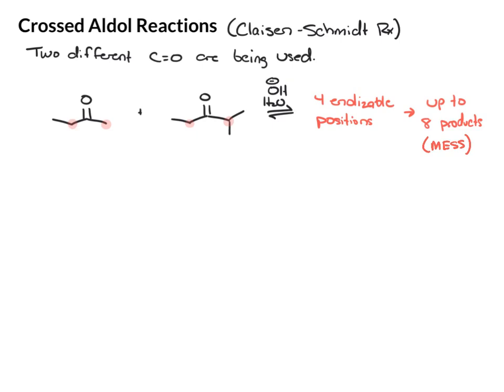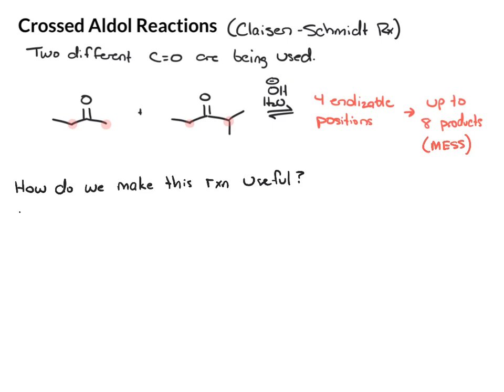Because you can imagine synthetically, it could be quite useful to be able to react two different carbonyls together. So there's a few different strategies we can use that makes this reaction work well.